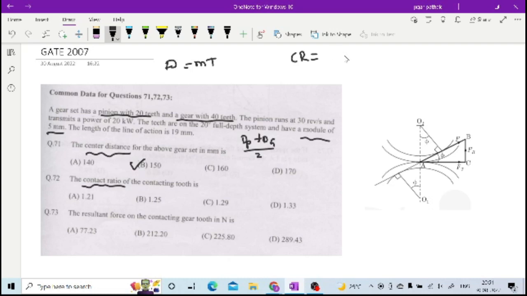It is not that one. I am telling you the contact ratio. Contact ratio is what? Then calculate. Arc of contact divided by circular pitch.